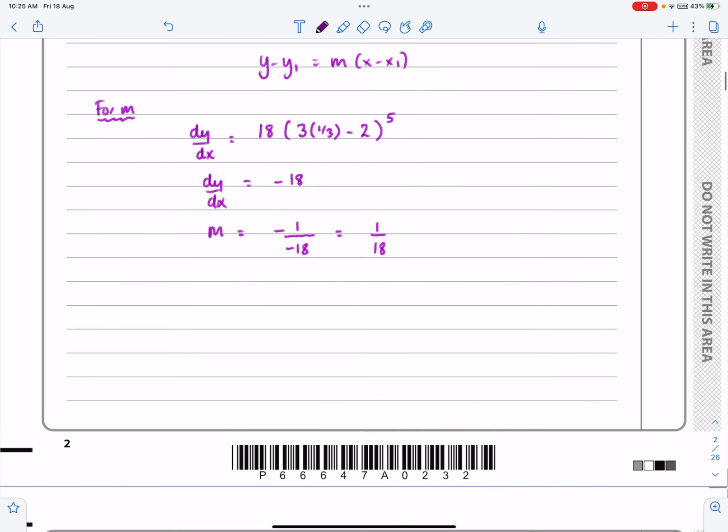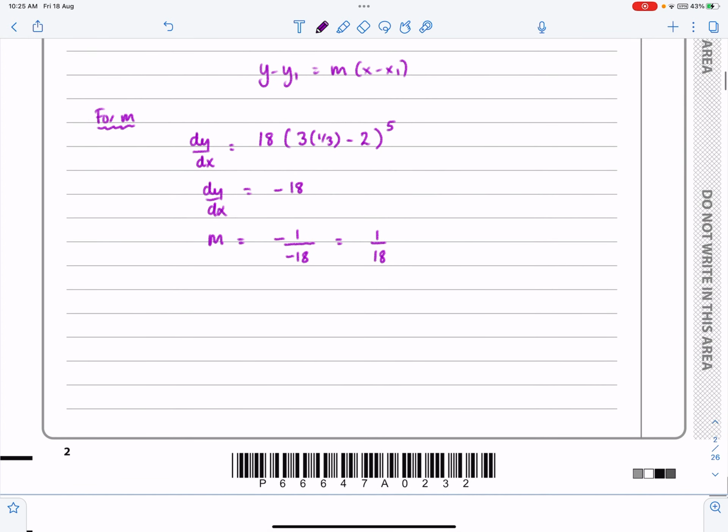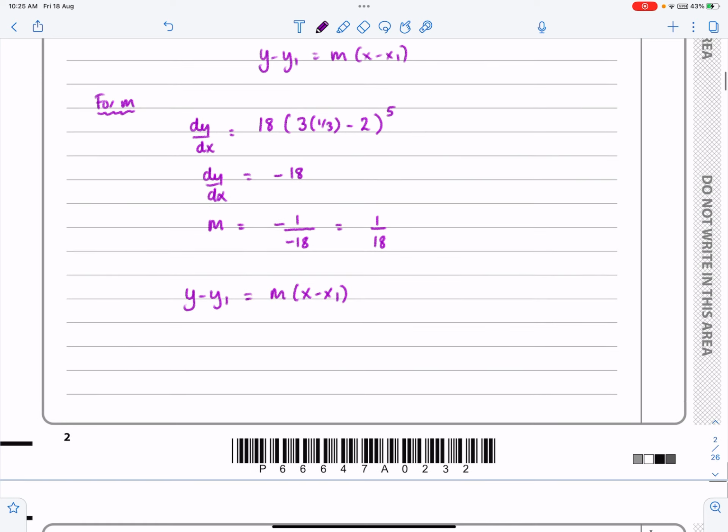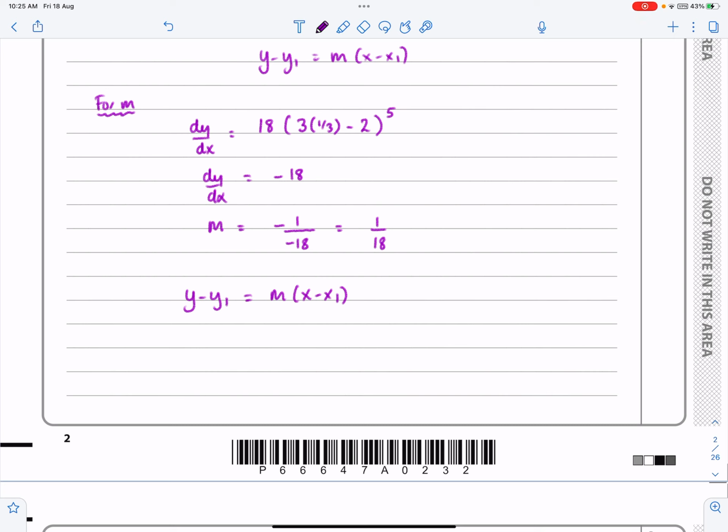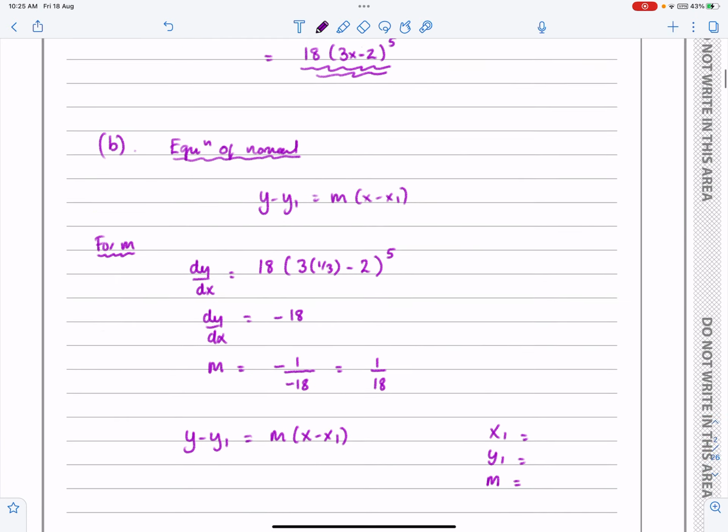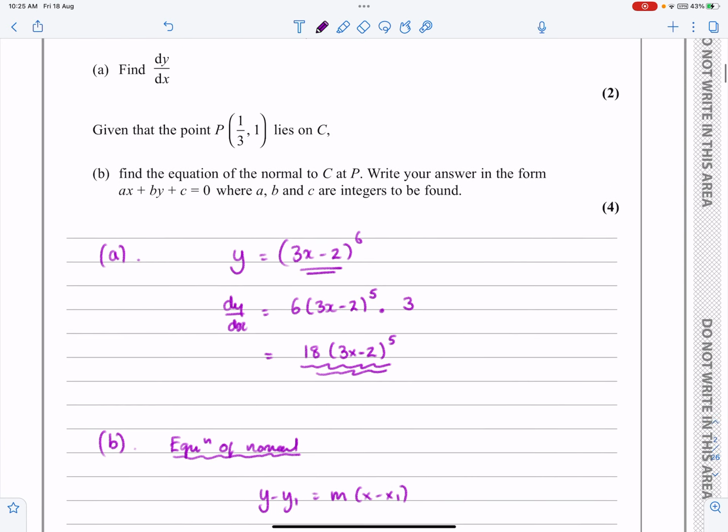And then all I'm going to do is say, right, okay, for my y minus y1 equals m(x minus x1), let's state everything that we've got. So we've got x1, y1 and m. I always do this just because it makes it clear to the examiner where I'm getting all my values from, and also I'm less likely to make a mistake as I'm going through and doing it.